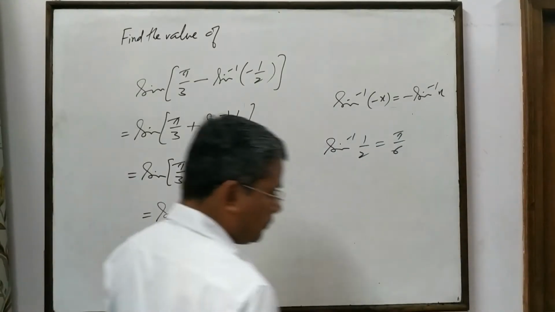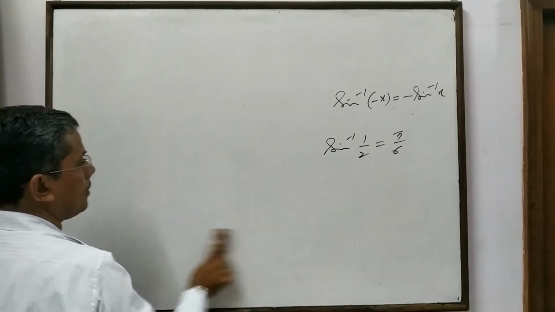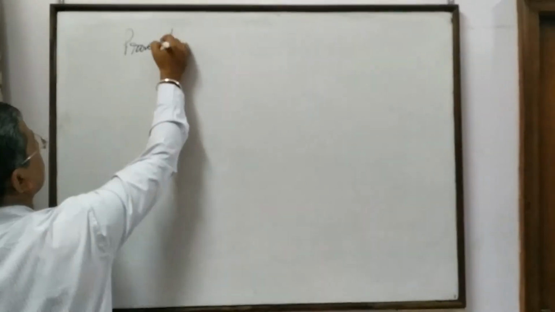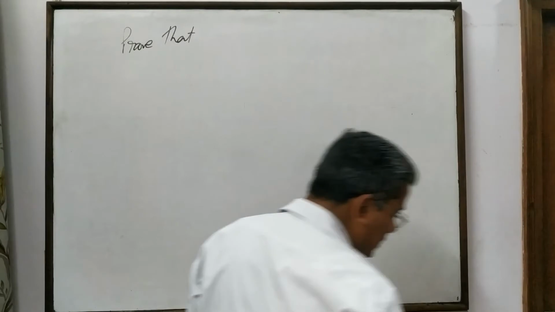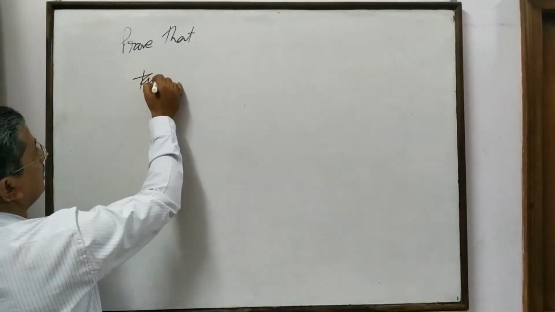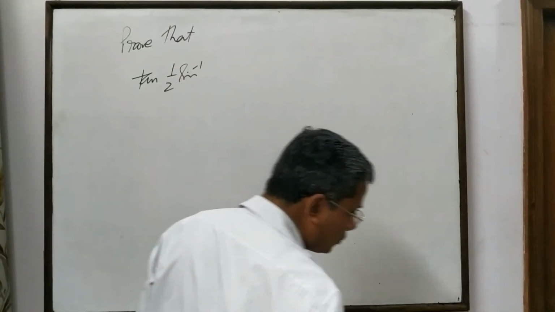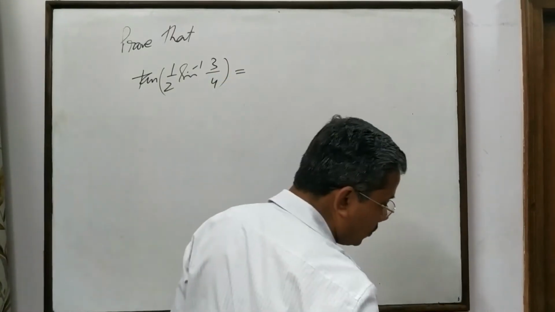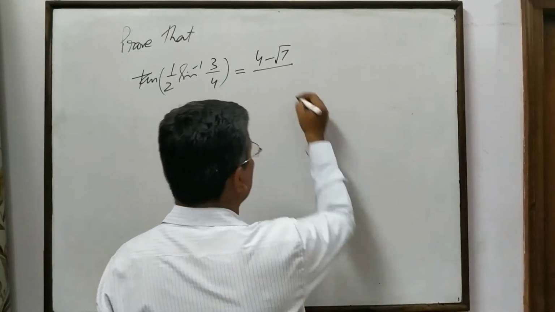Another question. Prove that tan of half sine inverse 3 upon 4 is equal to 4 minus root 7 upon 3.